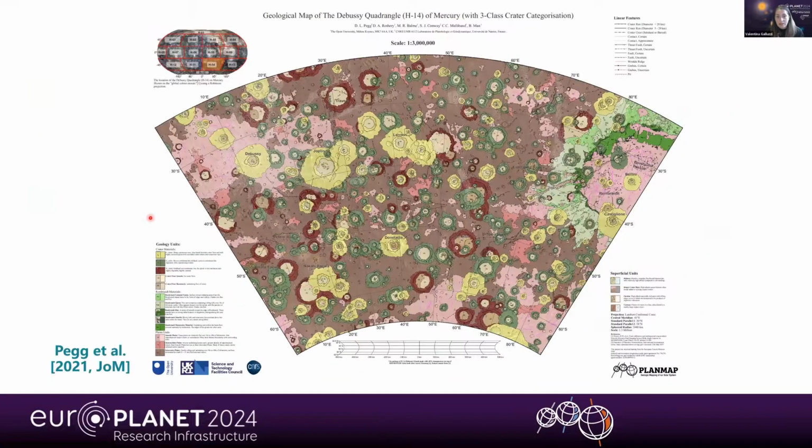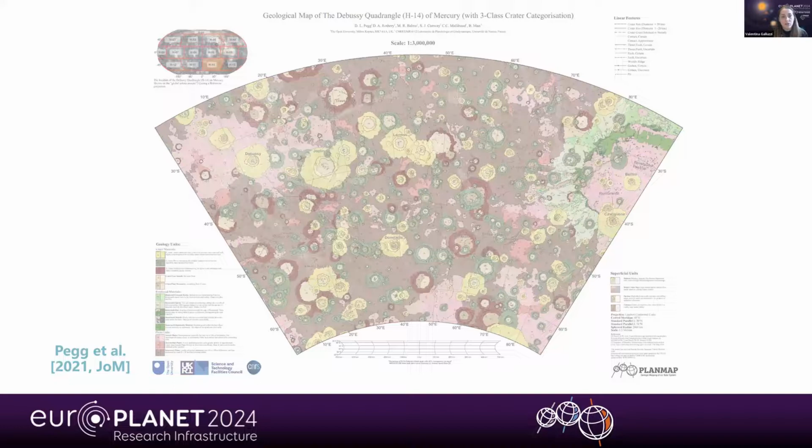This is an example of a completed map of Mercury where the units are selected with a morphostratigraphic method. We provide a legend, a variable scale bar that takes into account the change of the projection scale throughout the latitudes, and several other pieces of information that closely follow USGS standards for USGS maps.